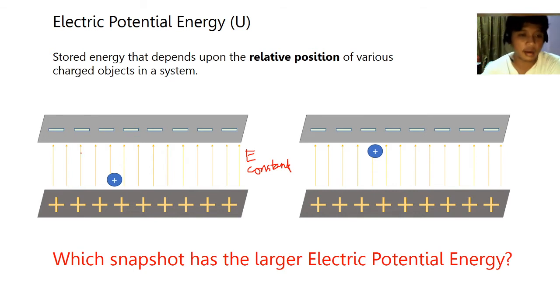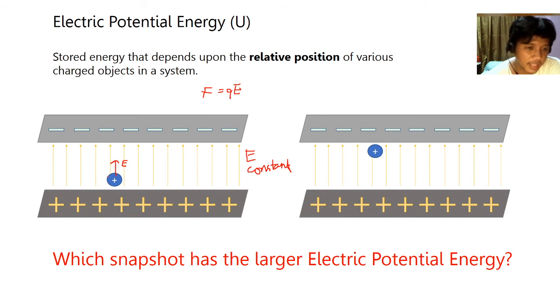And as you can see, this positive charge will experience an upward electric field because these are electric field lines. It will experience an electric field upward, and because F equals QE, where Q is our test charge and F is the electrostatic force that this charge will feel due to the electric field.